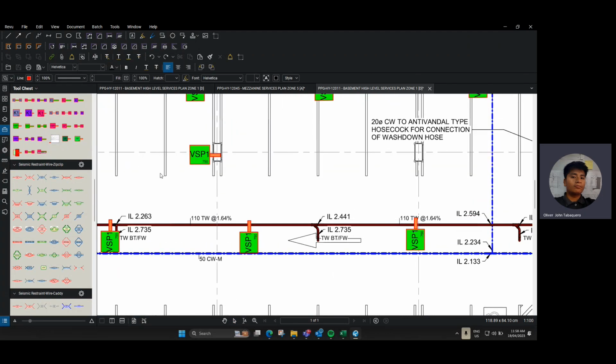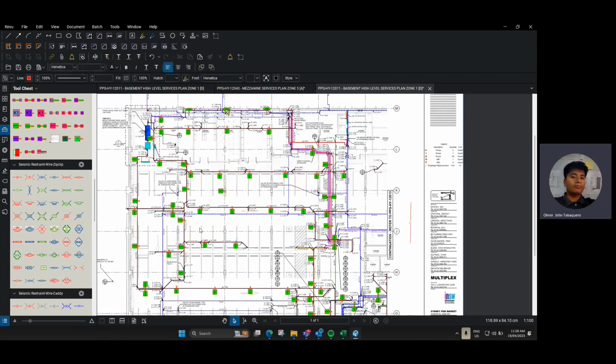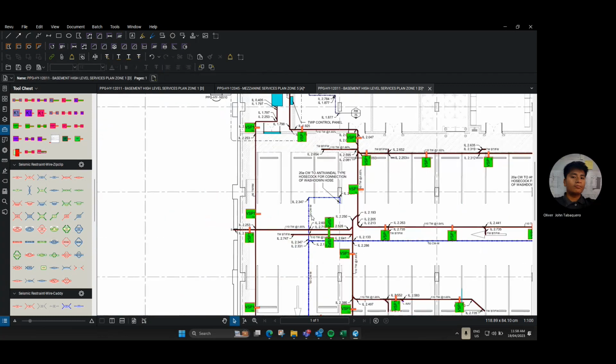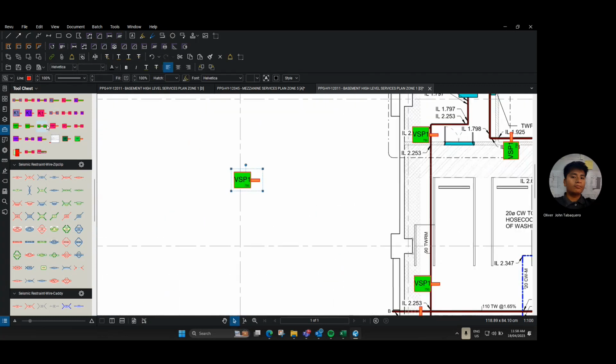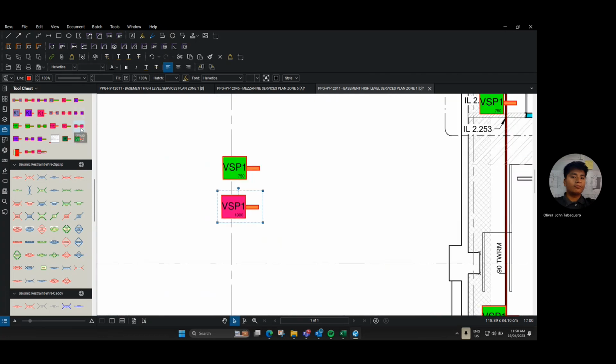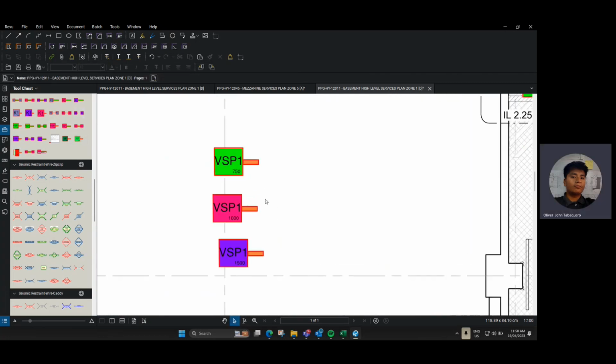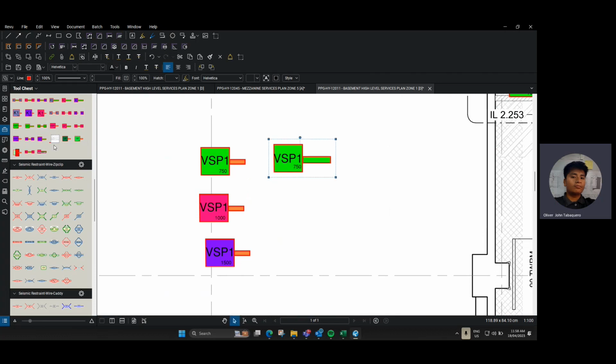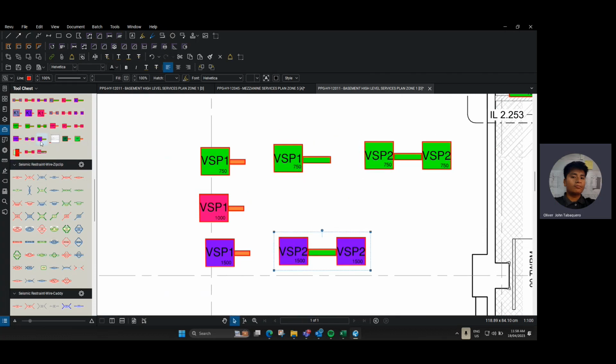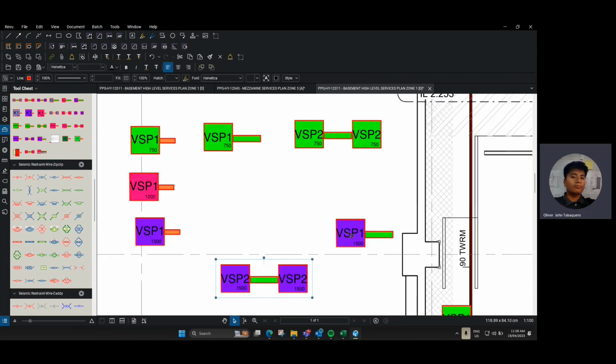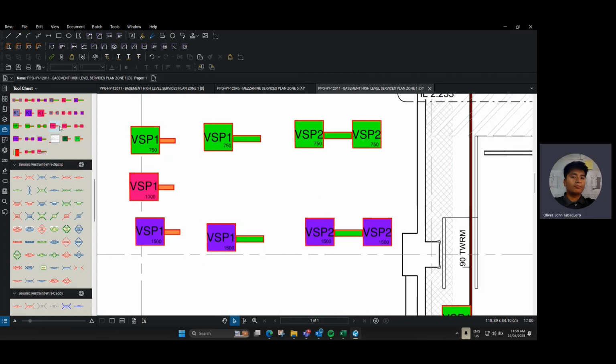We have 3 variants for VSP1. Just a sec. Okay, so this one, and this one. We also have this one. Let's swap them a bit. So here.